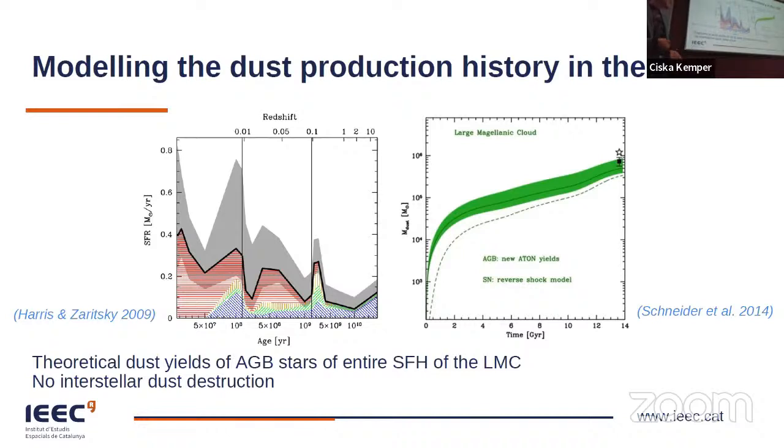Then you can predict a theoretical dust production yield of all the HGB stars in the LMC. And here, this data point is the actual measurement that we have for the interstellar dust reservoir. So again, we just about get there with this range. This green band is the range of possible outcomes.